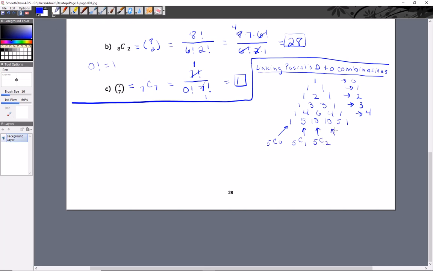And 10 can also be calculated with 5 things, choose 3. And 5 can be calculated as 5 things, choose 4. And then 1 can be calculated as 5 things, choose 5. So we can figure out these coefficients just based on substituting, doing them by combinations. So pretty nice.